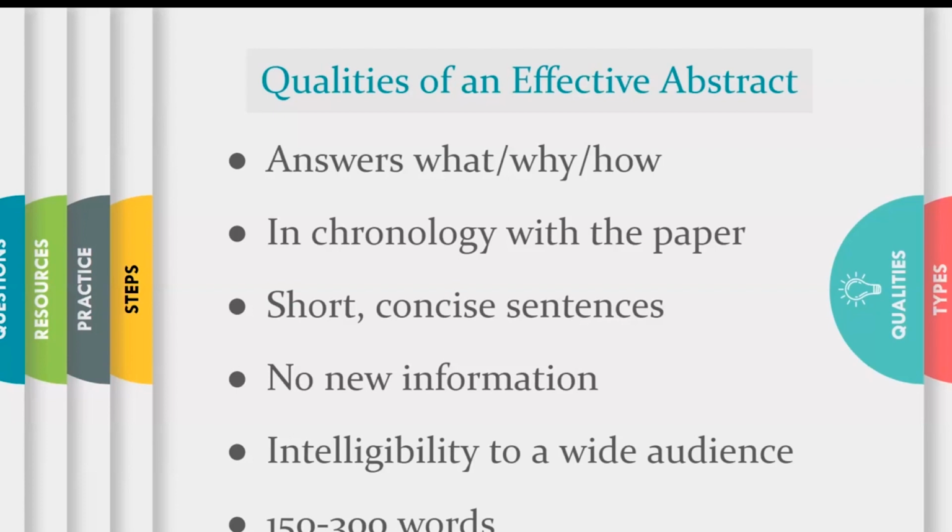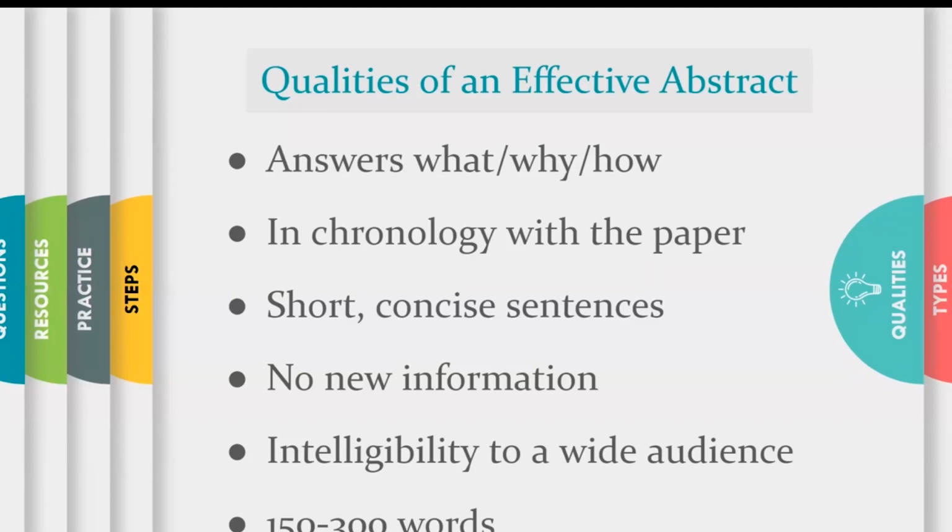So that chronology will be equally maintained. It's definitely concise, and the audience is wider for an abstract. When you're sending an abstract as a proposal, or even to conferences, you're not expecting the person reading it to be an expert in your field. Might be from your discipline, but not necessarily an expert in that particular field you're working in. So an abstract is usually for a wider audience.